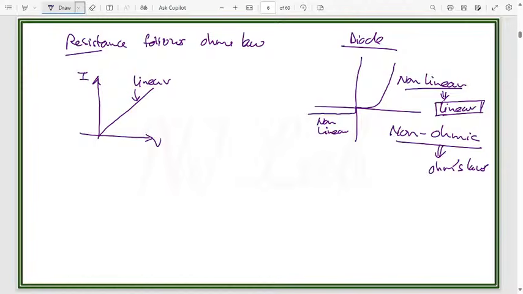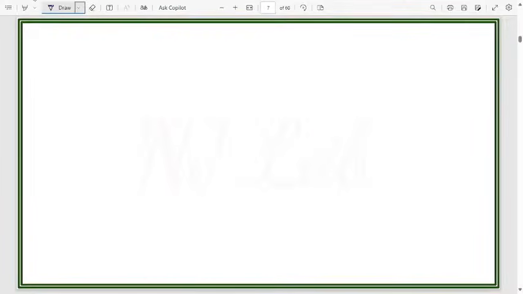So how can we do that? This can be done by drawing the equivalent circuit for diodes, the diode equivalent circuit. So what is this diode equivalent circuit? Over here we have three types of diode equivalent circuit.